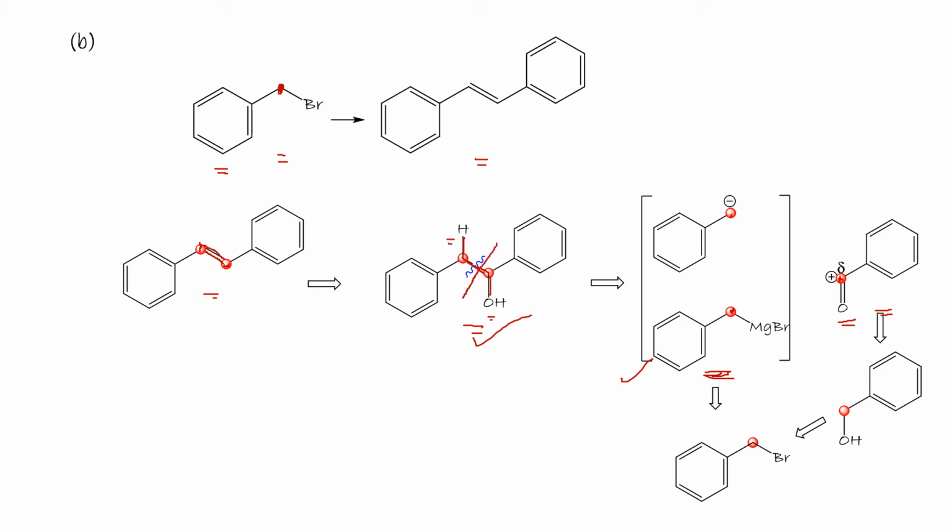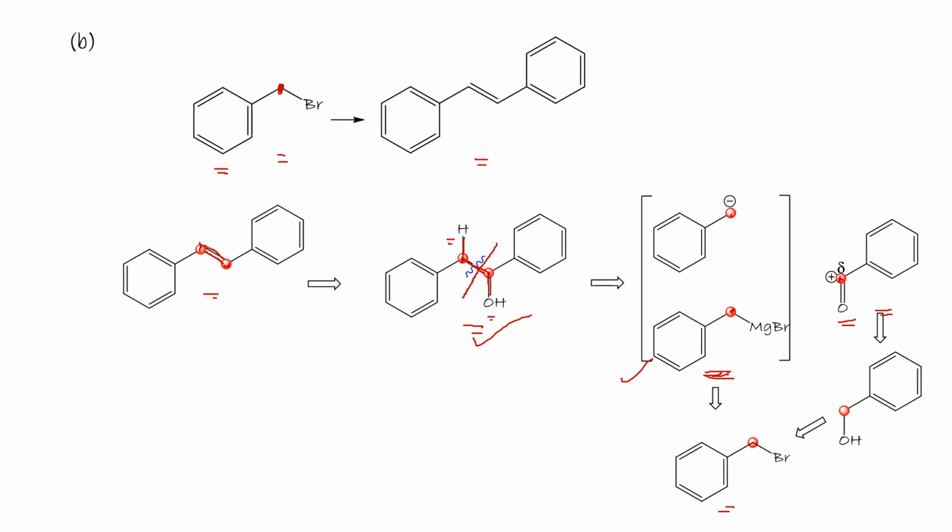Breaking here, this carbon should be negative, this carbon should be positive to make a connection. If this is negative, this means that we are talking about organomagnesium bromide. Okay, we can get that from the benzyl bromide with magnesium.